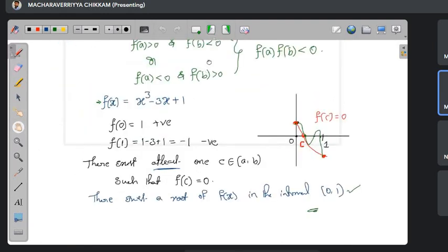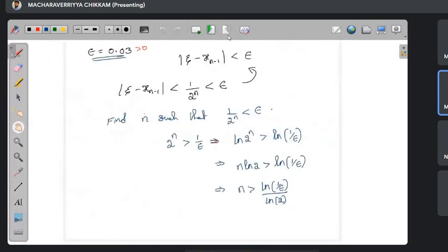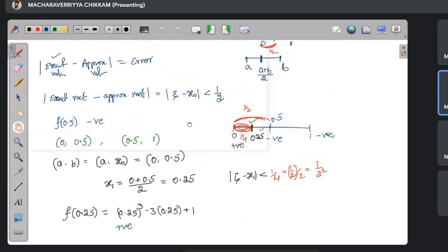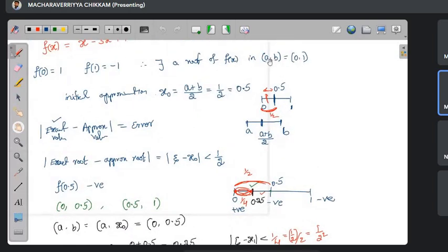Okay, whereas if you start with an arbitrary interval a comma b, in that case what you have to write here is, let me explain here. You see here, initially I have taken the interval 0, 1. It means a equal to 0, b equal to 1. So b minus a is 1. So that is why we have written just 1 by 2. Suppose if you don't know what is A and B, generally what do you write here?